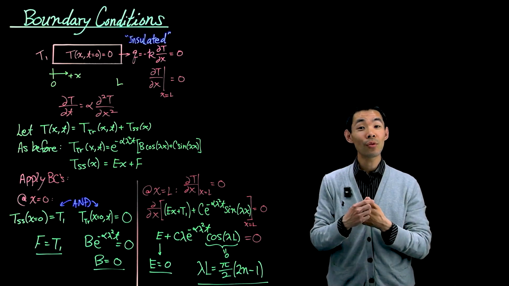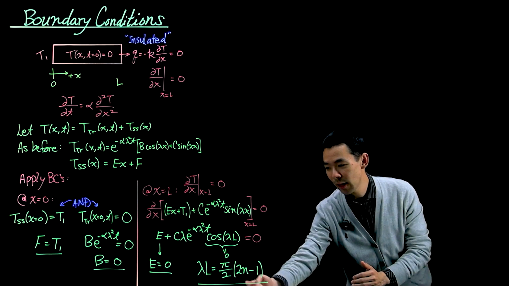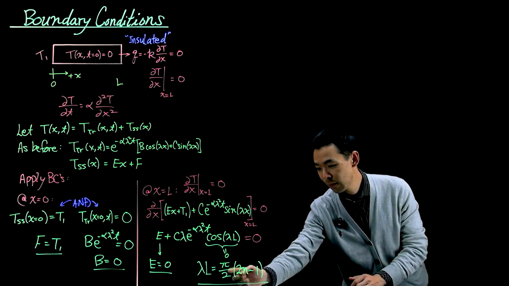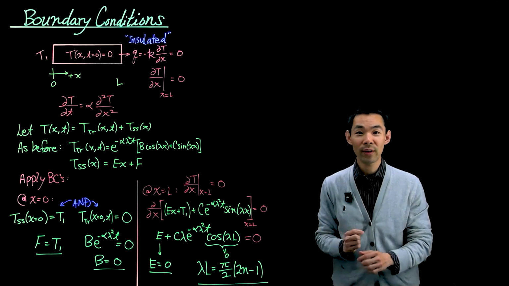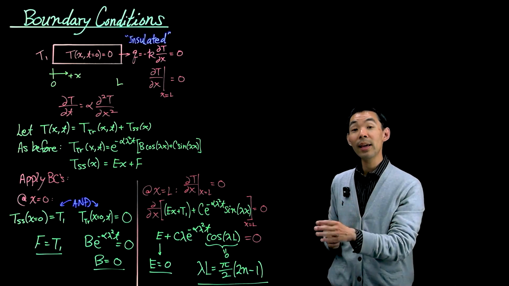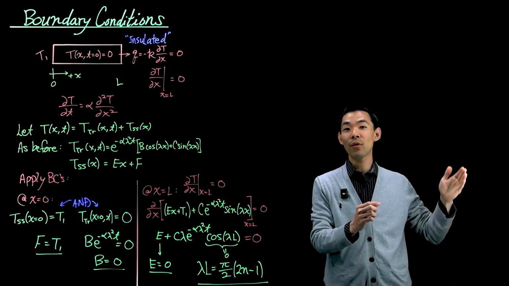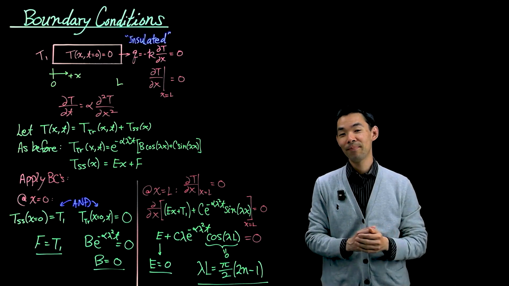Now n equal to 1, 2n minus 1 is equal to 1, and therefore you get pi over 2. At n equal to 2, 2n minus 1 becomes 3, and therefore you get 3 pi over 2, and so on. So the indices n start at 1 and go on with integer values, 1, 2, 3, 4, all the way to infinity.